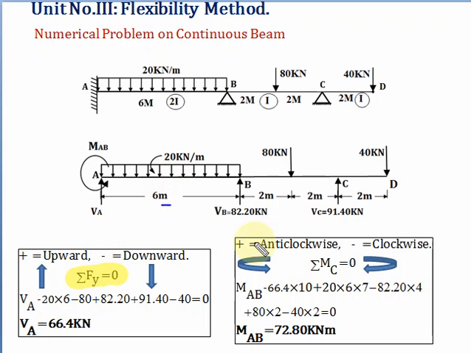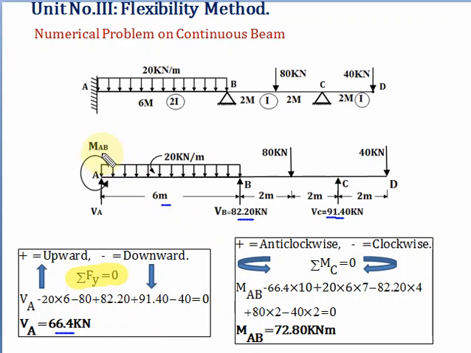Then the 80 kilonewton is acting downward, so minus. Plus the vertical reaction at B, acting upward, so plus. Then the vertical reaction at C, again upward, so plus. And the point load 40 kilonewton is acting downward, so minus. Solving this, we get the vertical reaction at A as 66.4 kilonewton.